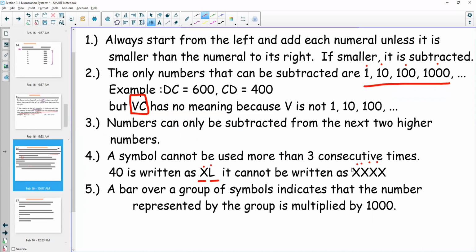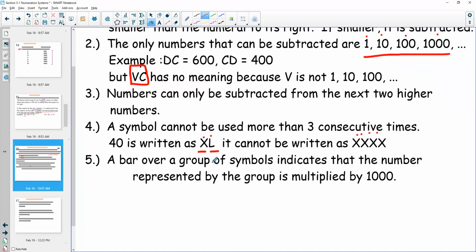And then the last thing is that if you have a bar over a group of symbols, that tells me that it's times 1,000. So if I had IX, it's 9.